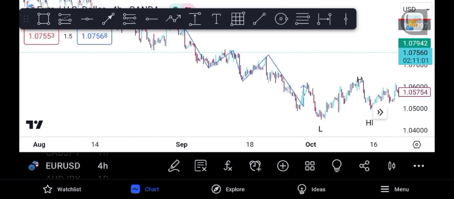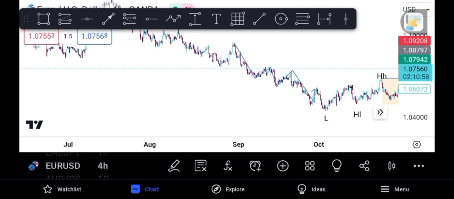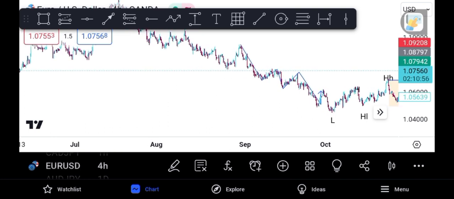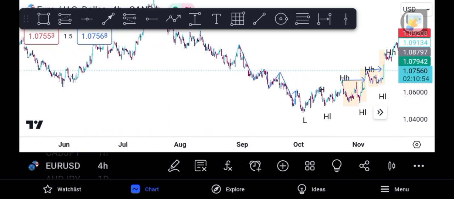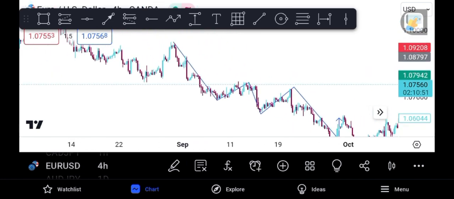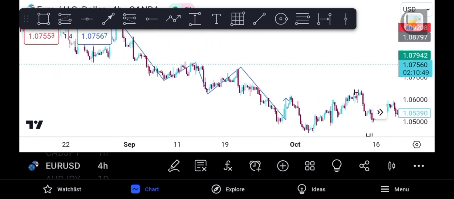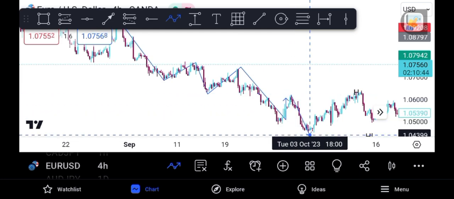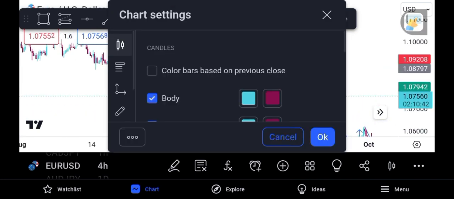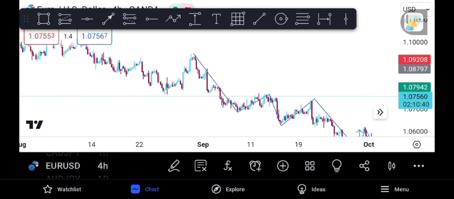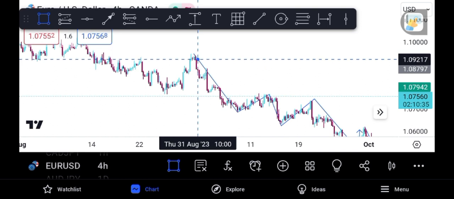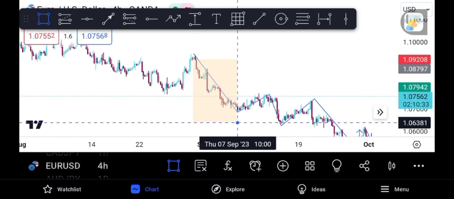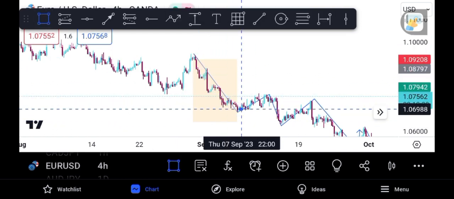Now, this is a typical example of a downtrend. The first characteristic is that we have an impulse move to the downside, which is this. Then we have a correction to the upside.